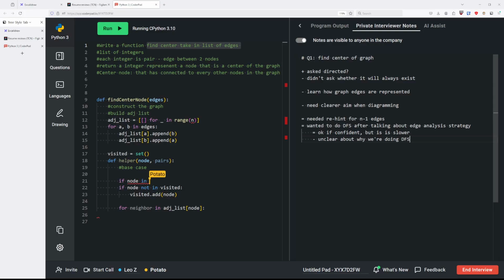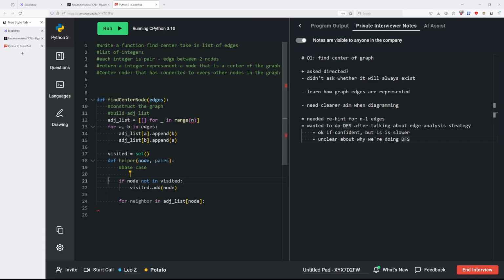What if the current node is already in the visit set? Let's not care about it being in the visited set. Let's talk about what happens after.